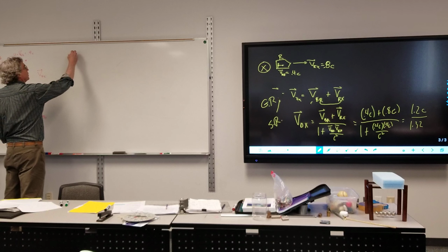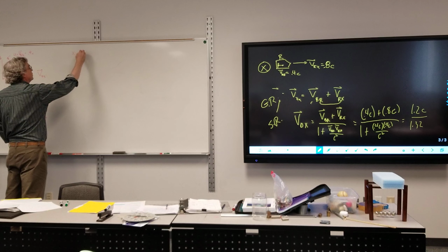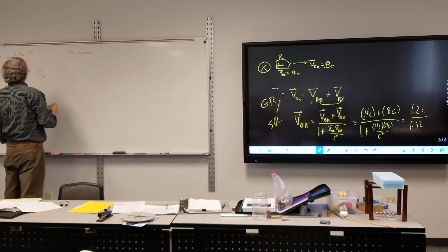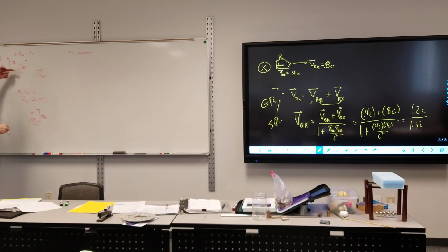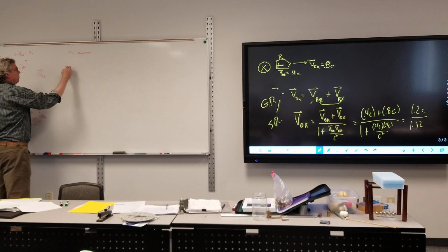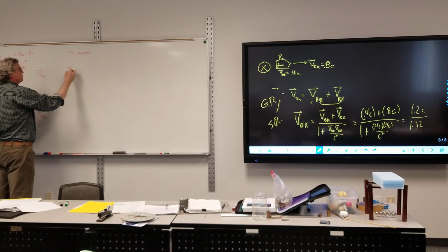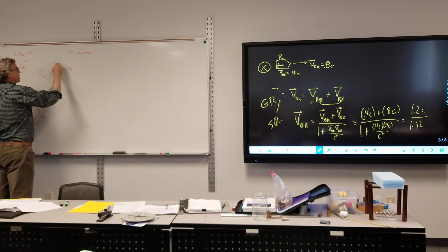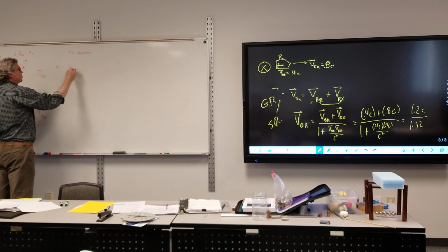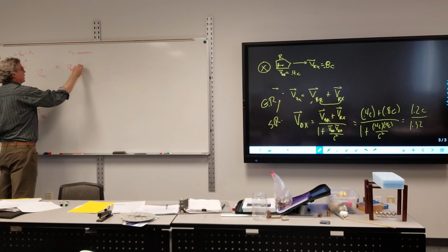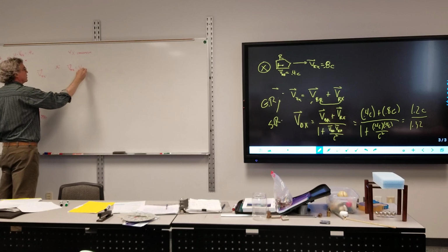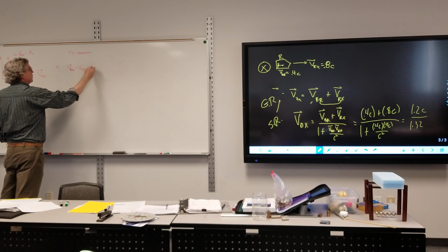So first, x conversion. That's dx. I have something moving along this way. I know that the velocity of the particle with respect to s is the velocity of the particle with respect to s prime, plus the velocity of s prime with respect to s.